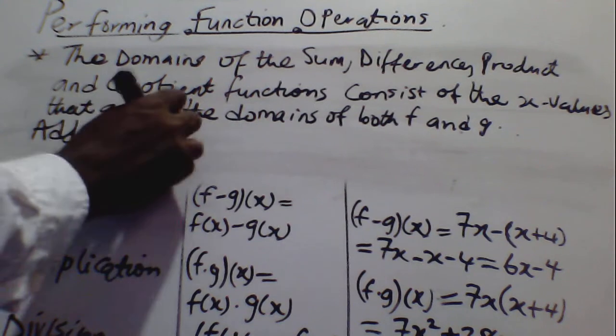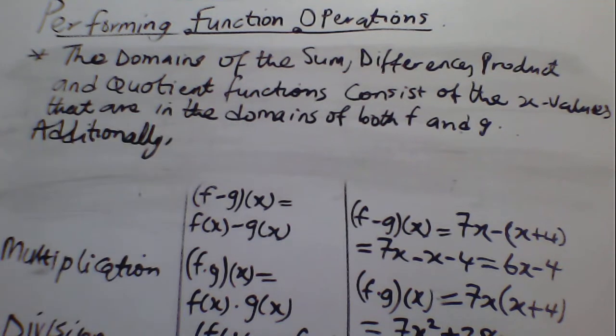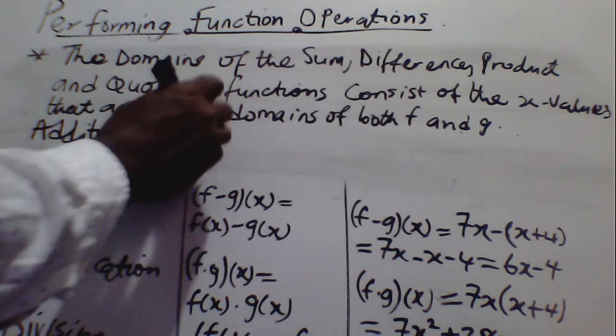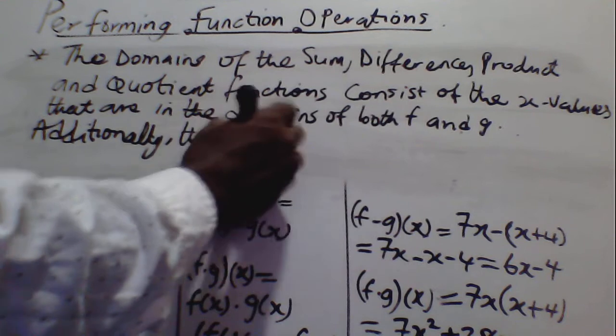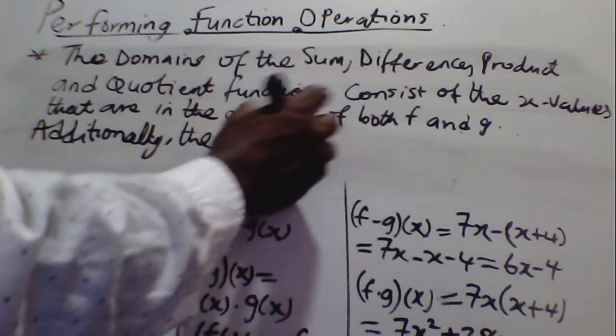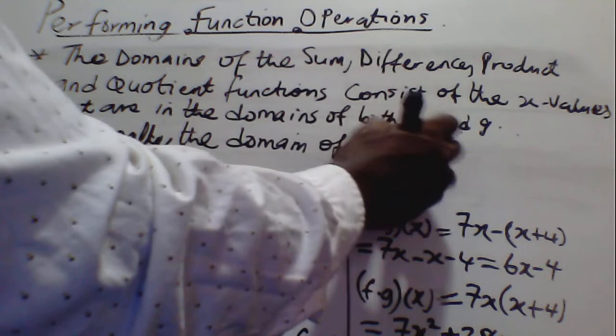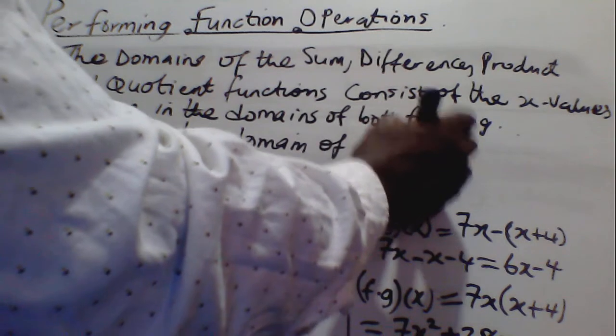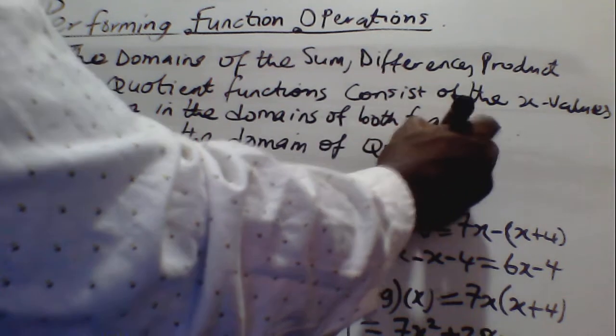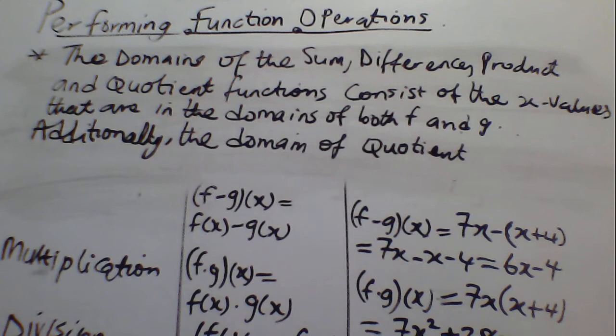Additionally, the domain of the quotient does not include x values for which g of x is equal to 0. You know what is the quotient?